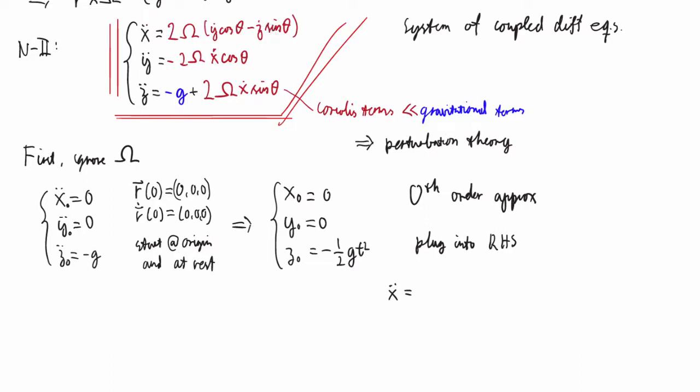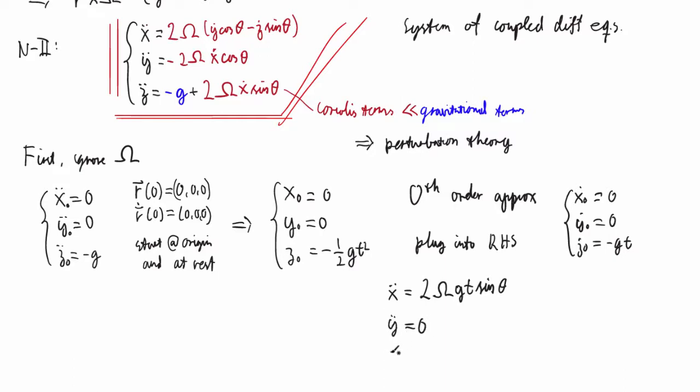So we will get, this is 2 omega gt times sine theta. And that's because, well, let's write this out explicitly too. If you take the time derivatives of this, it becomes just 0, 0, and minus gt. Right. So all I did was take this z, plug it in here, and I get this expression for x double dot.